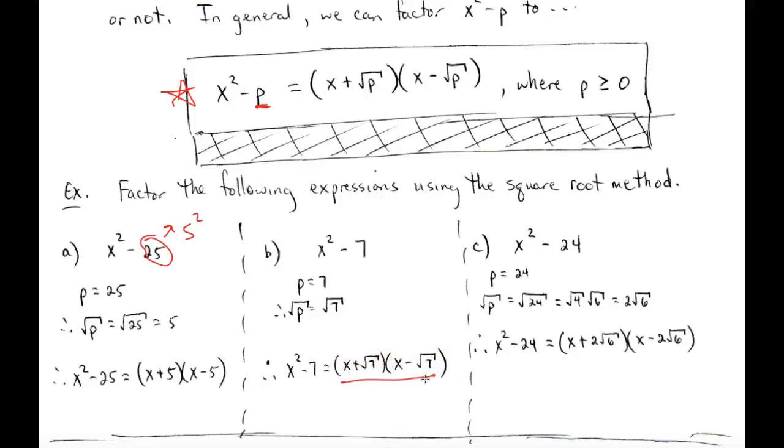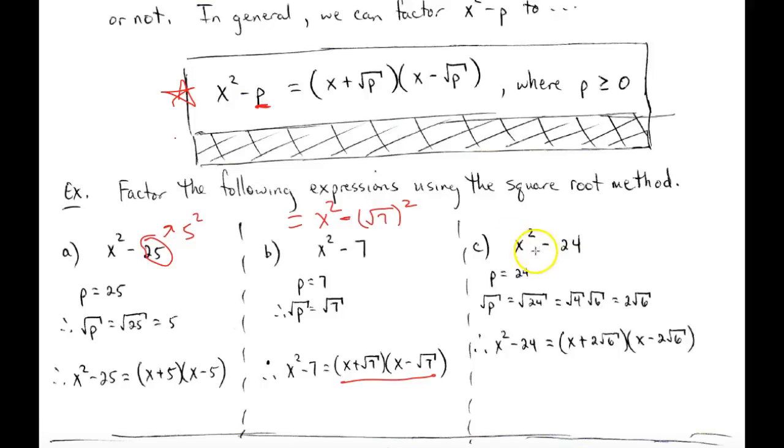So it gets to be pretty easy to do. My point here is that we could rewrite this as x squared minus the square root of 7 quantity squared, and that lets us know what to use for p there.